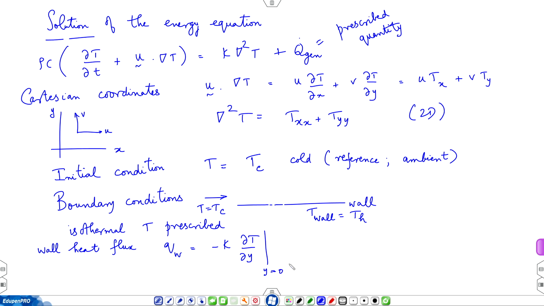Q is equal to minus K gradient of T, evaluated in the normal direction. When you talk about the heat flux being pushed into the fluid, that would be normal to the surface. So, that would be minus K times the derivative of temperature with the normal coordinate, which is y in this case. This is another type of boundary condition.